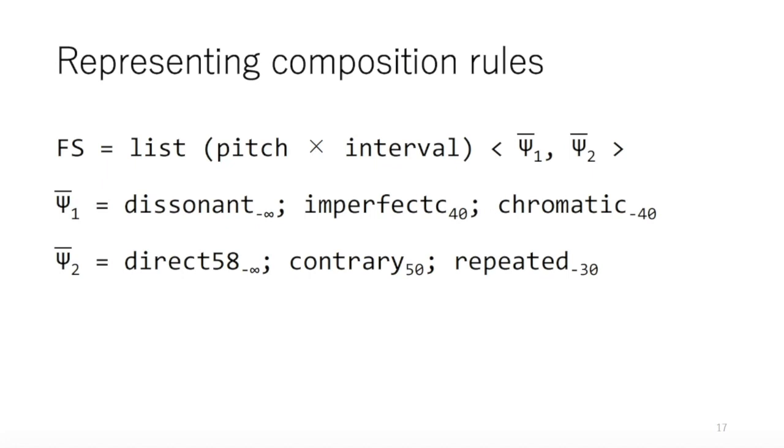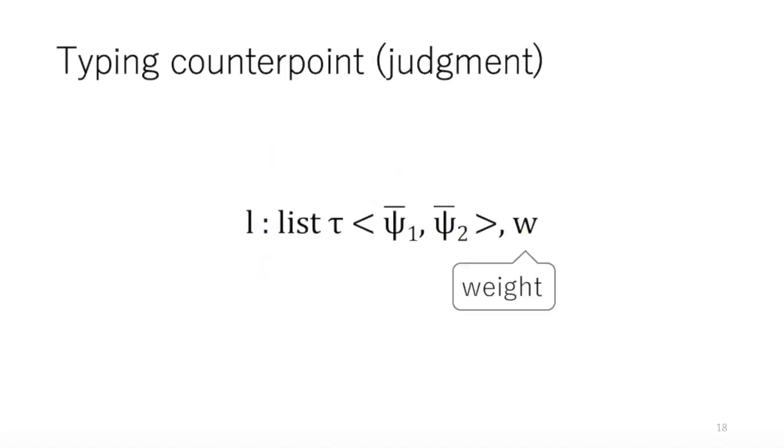Having seen the representation of counterpoint and its rules, we look at the typing rules that connect these representations. In our language, we use a special typing judgment for lists, which has a weight telling us how correct the counterpoint is.